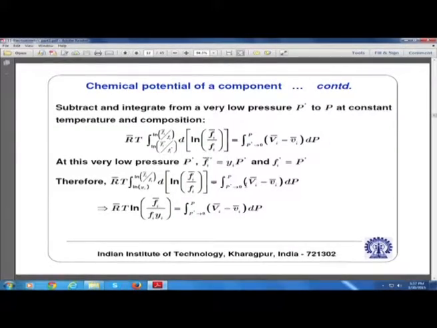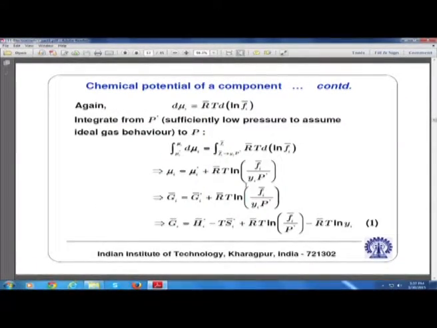So chemical potential of the component we calculated. We have calculated the chemical potential or the partial molar Gibbs function of the component I. So whatever I have written A on the board, that is written as I in the slide for the ith component, but in the slide it is generalized for a large number of components.